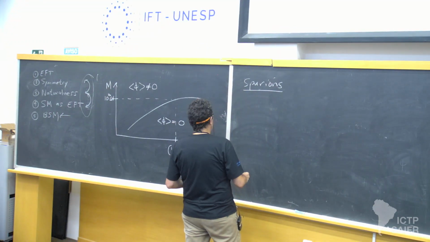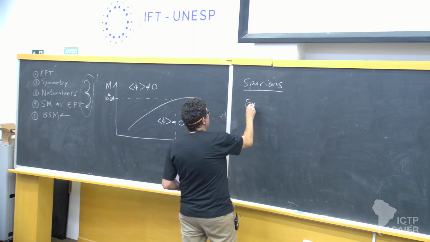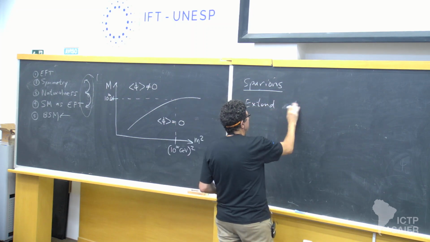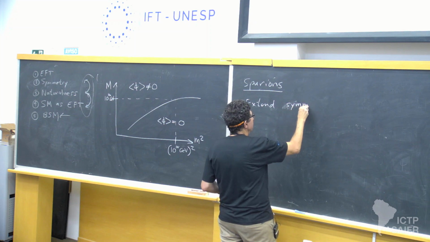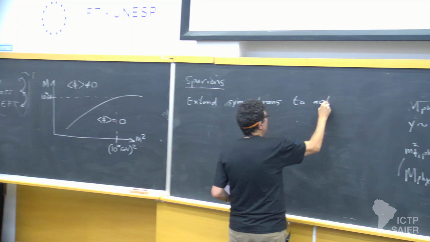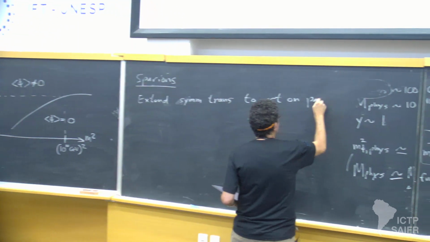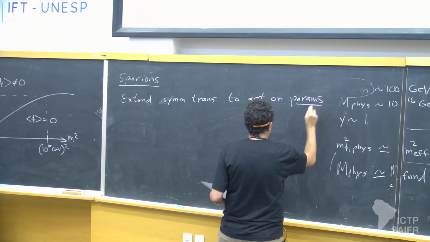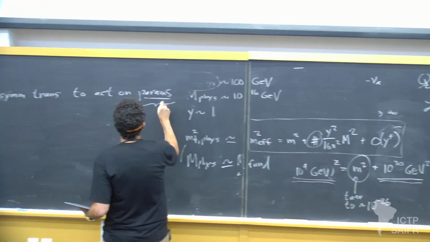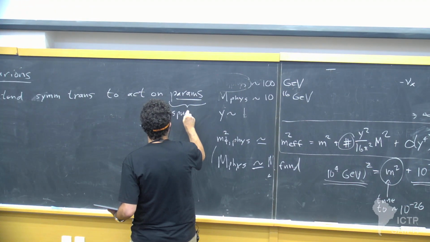So what is the idea of spurions? The idea is to extend symmetry transformations to act on parameters of the theory. Okay? And when they act on parameters, I call the parameters spurions.